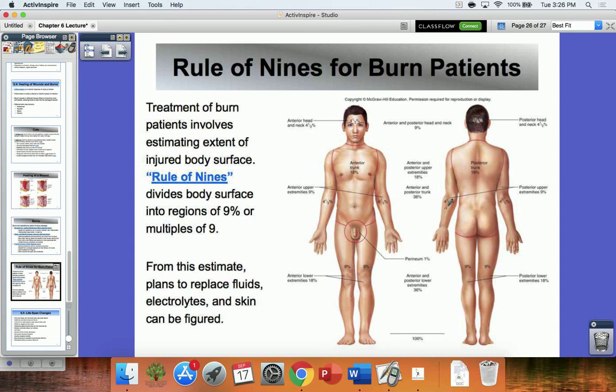And so those are the two reasons why people may die from a burn. It's not from the burn itself. It's not from organs being damaged, because we can replace organs, but it's specifically because of the skin not being there, and dehydration taking place, as well as infection taking place.